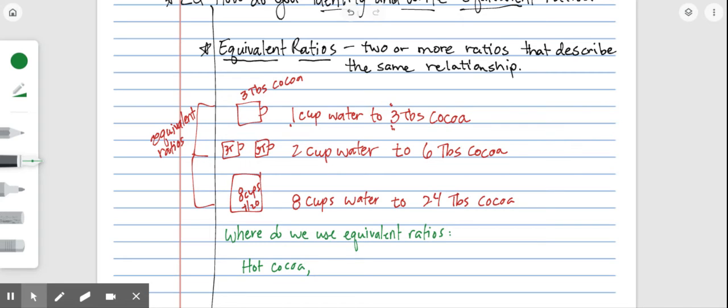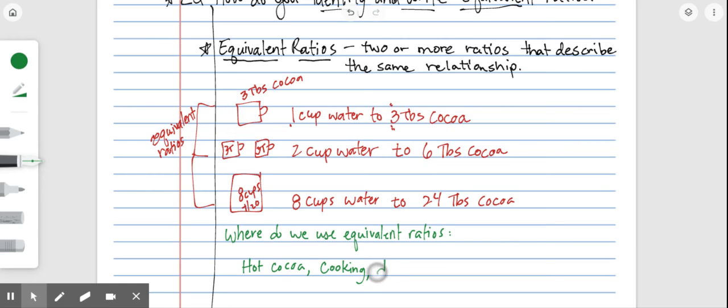Okay, hopefully you're back. Well, some other ideas that I came up with was cooking. Cooking is some place that we use equivalent ratios. When you're making drinks for parties, like Arnold Palmers, which are basically lemonade and iced tea. When you're making Shirley Temples, which are like Coca-Cola and cherry juice.